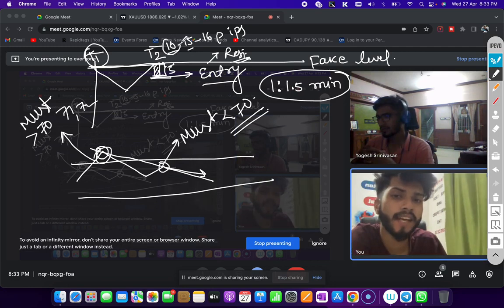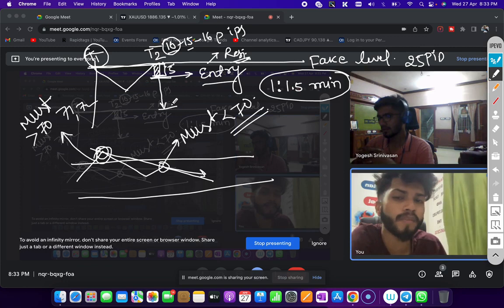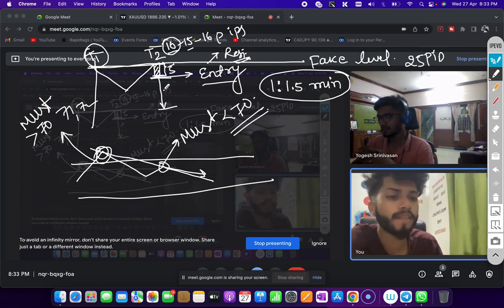If you take a 10 pip stop loss, then your target should be 25 pips. So let's say this is your stop loss and you met your target of 1:1.5, which means you achieved the 25 pips target.